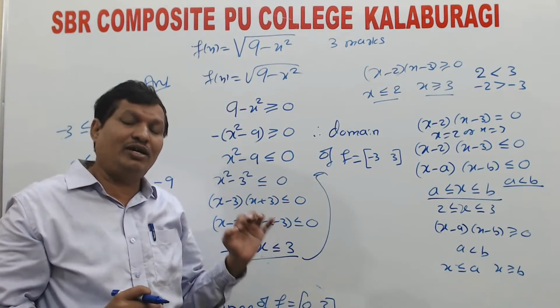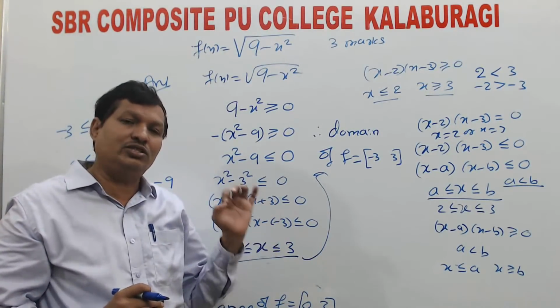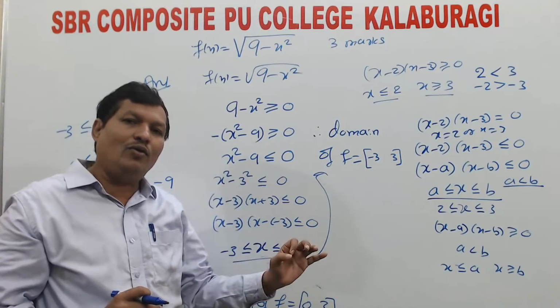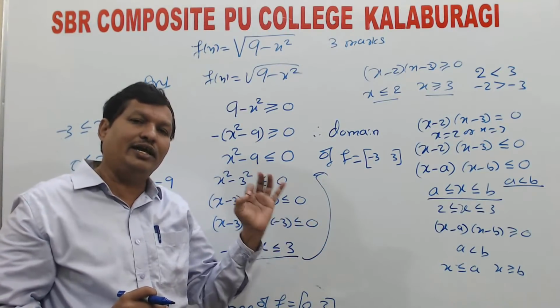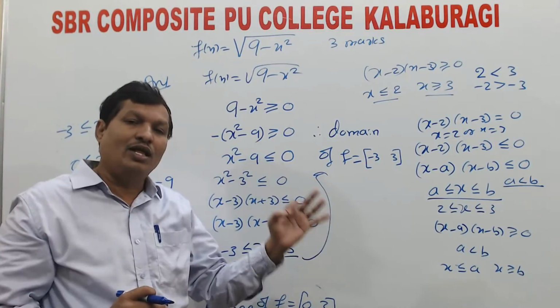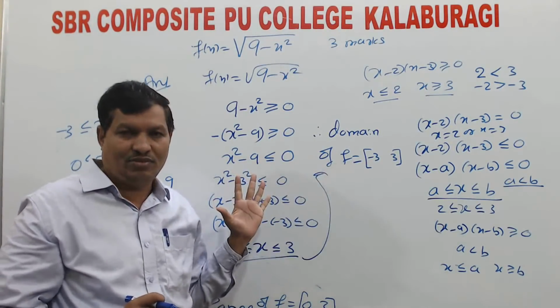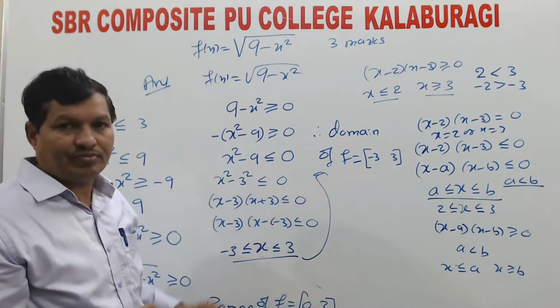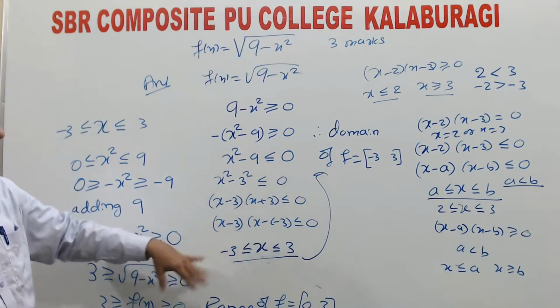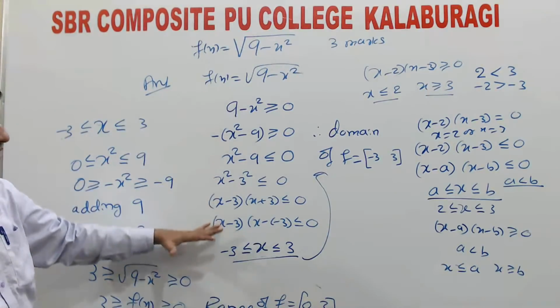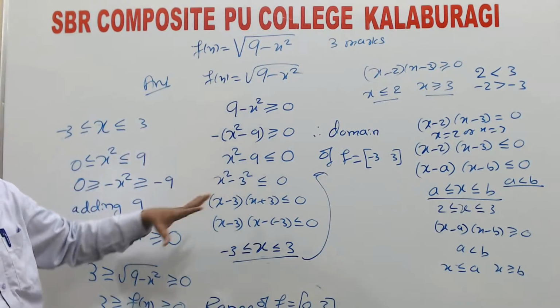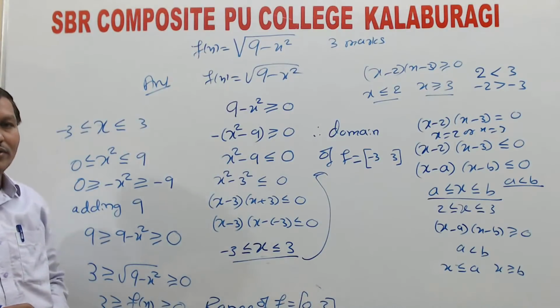F of x is nothing but the range. X means domain. For what value of x will f of x exist? X gives the domain. For those values of x, the values of f of x give the range. This is the only method you write in the example. If you are writing an example for the first time, or you have some confusion, write one more example, then only you can understand.